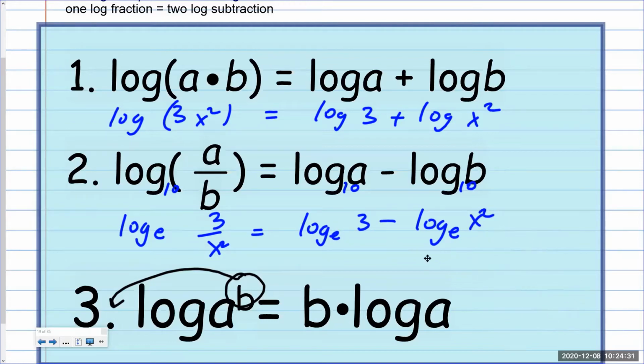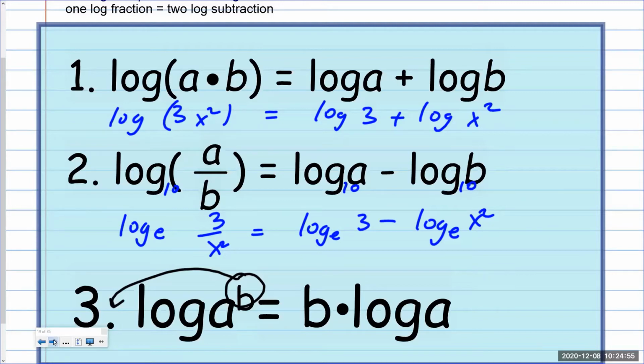These are just log properties. If there are two things being divided, then this is equal to log of the top minus log of the bottom. The way I remember this is 1 log multiplication equals 2 log summation. And over here, 1 log fraction equals 2 log subtraction.